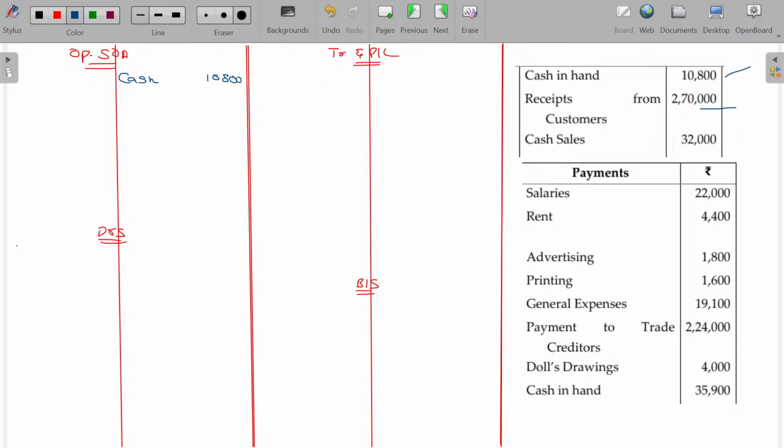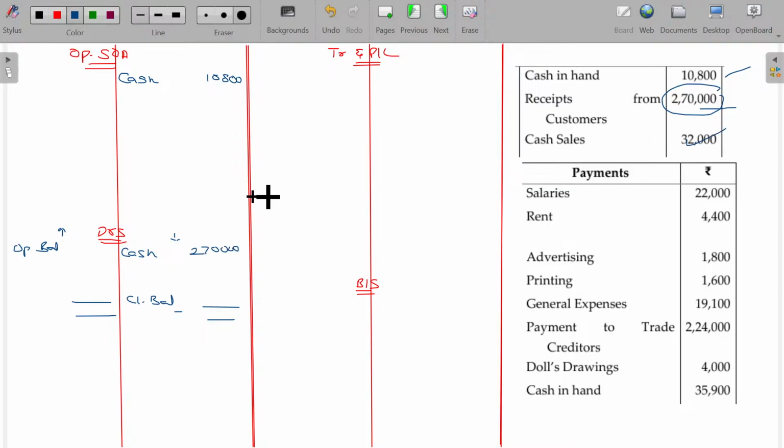In debtors, the opening balance should be on the debit side and the closing balance on the credit side. If a transaction increases the debtors value, it goes on the debit side; if it decreases, on the credit side. Receipts from customers will be decreasing, so here cash, the value being 2,70,000.